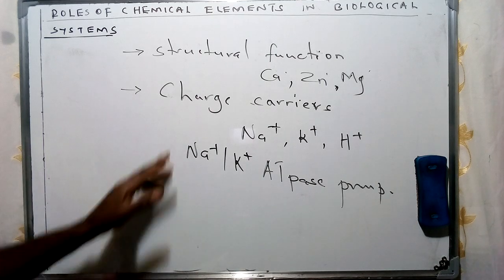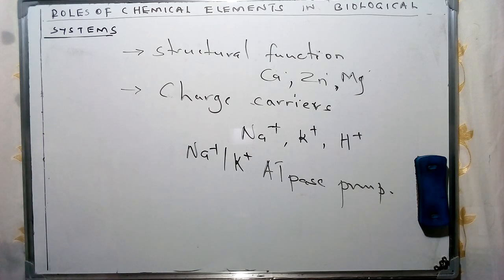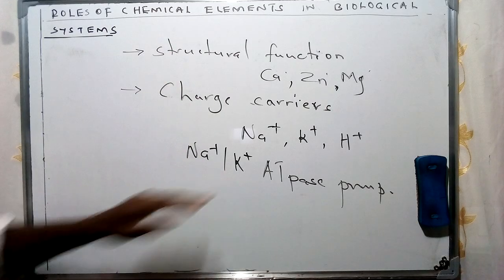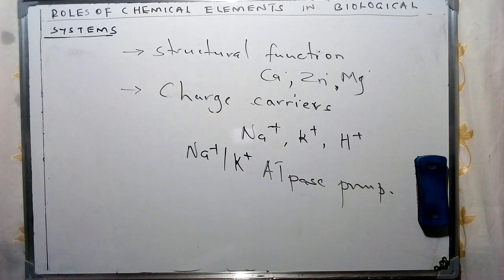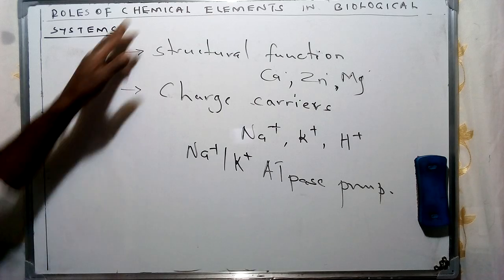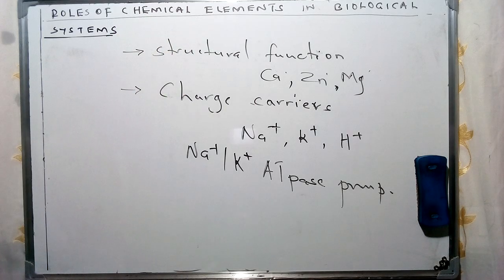This is one of the ways in which these elements play a vital role in ensuring that there is a conveying of information across various organs, tissues and cells within the body, and that formed a central role of one of the chemical elements in this particular case.